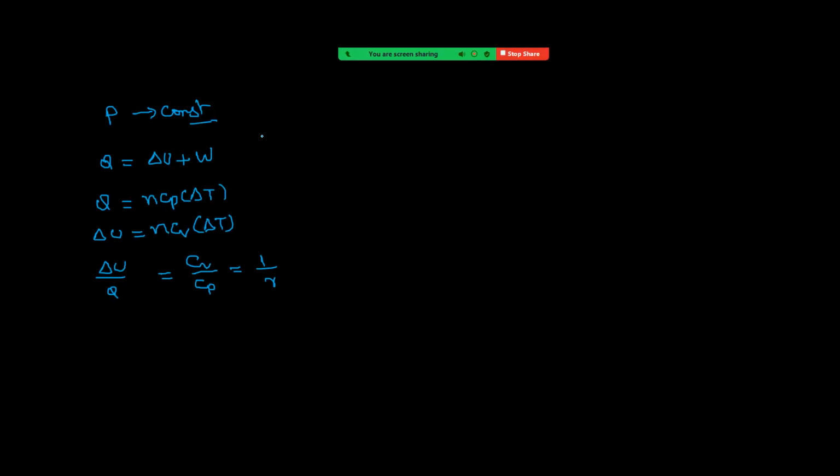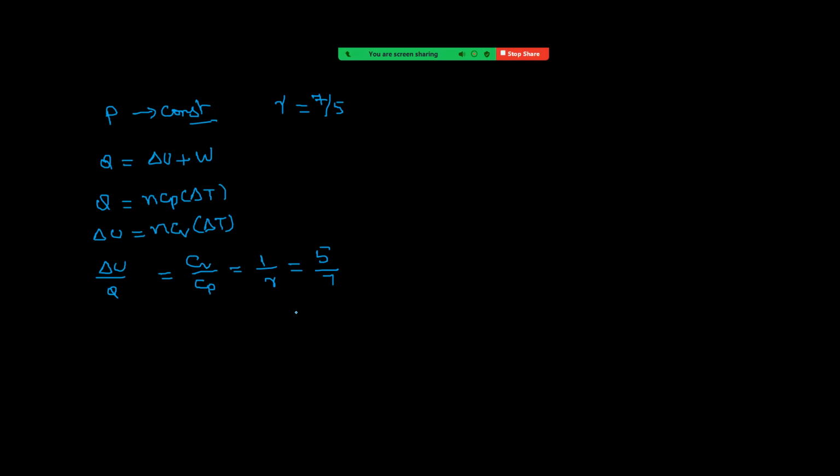Given it is a diatomic gas, for diatomic gas the gamma value is 7 by 5. For monoatomic it is 5 by 3, for diatomic 7 by 5, and for polyatomic it is 4 by 3. Now take this value here.